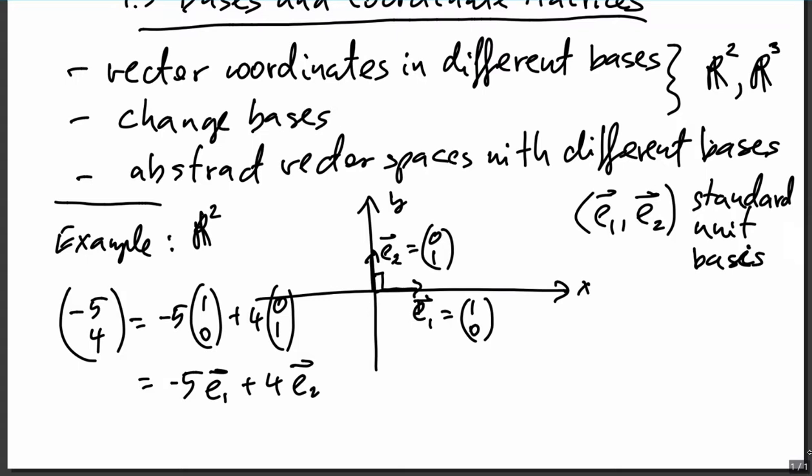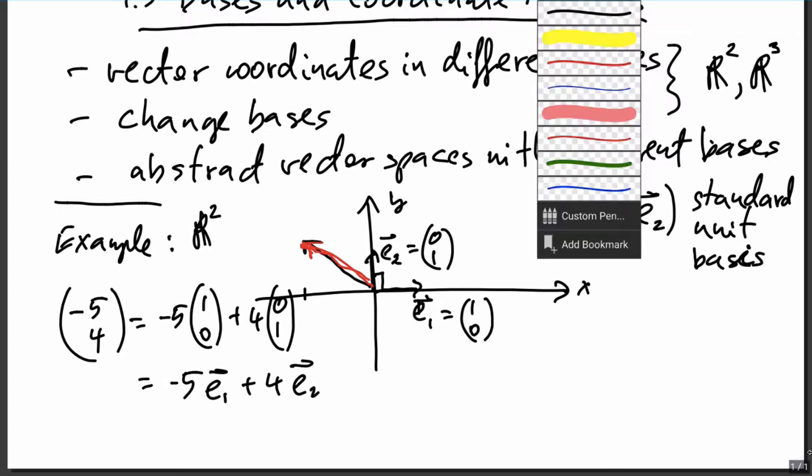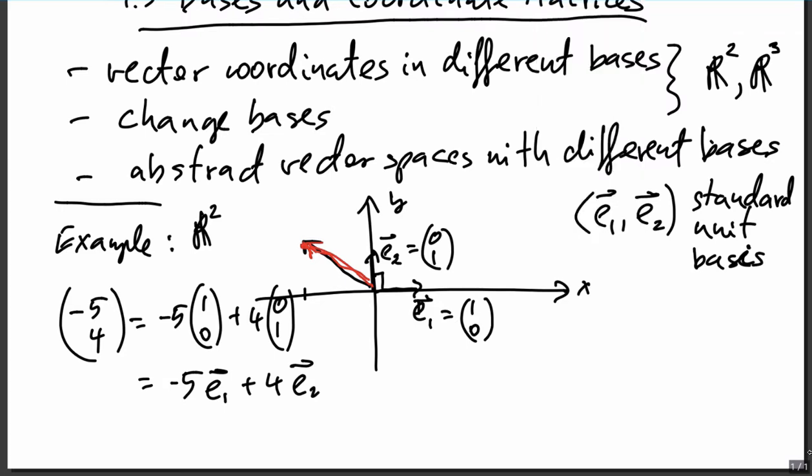But then, for example, this -5, 4 vector is in this direction. So then you might ask how it makes sense to use these two vectors for a vector that goes in the opposite direction. Furthermore, it might happen that you are working with a lot of vectors and all of them are pointing in pretty much the same direction.